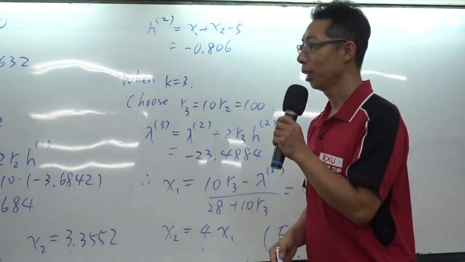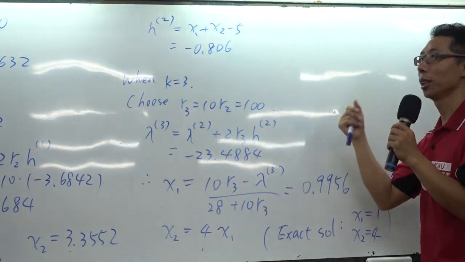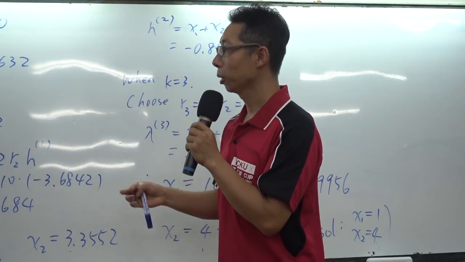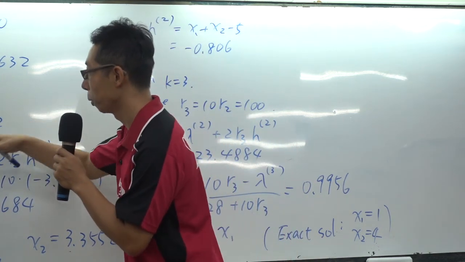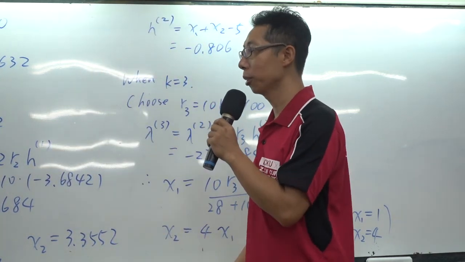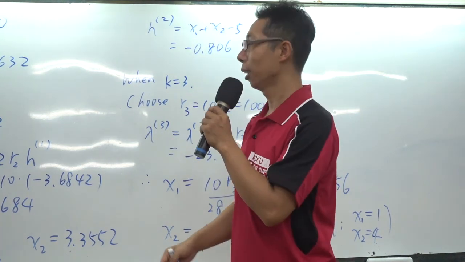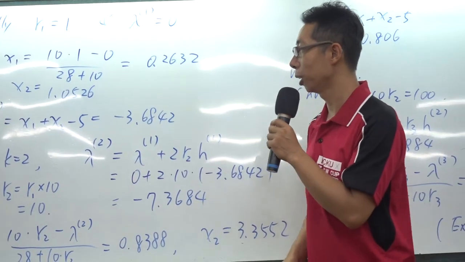We only had one constraint, so only one lambda. If a problem has several constraints, you will have different lambdas, and each lambda you have to update.